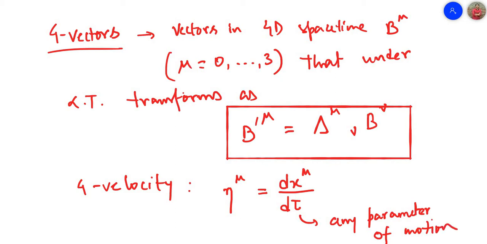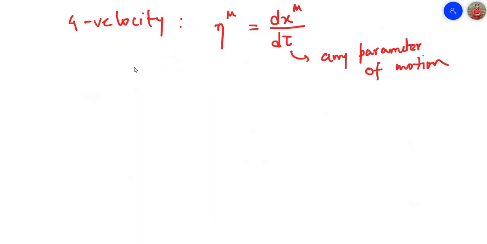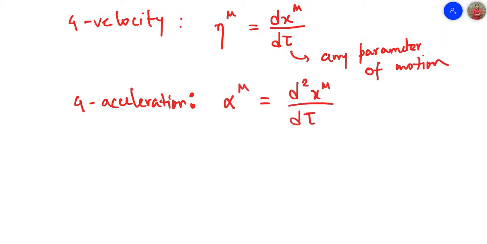So that's for velocity. We can generalize to define 4 acceleration, which is analogous to acceleration in 3-dimensional space, which is basically the second derivative of the 4 position with respect to the same parameter.